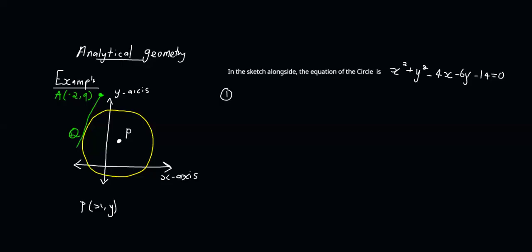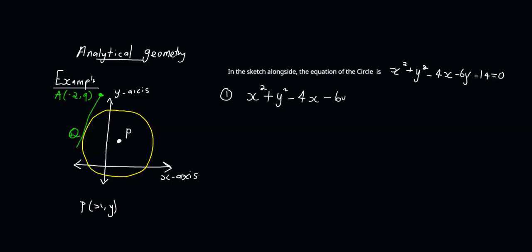It basically means you're going to write the equation as it is, which is x squared plus y squared minus 4x minus 6y minus 14 equals 0.